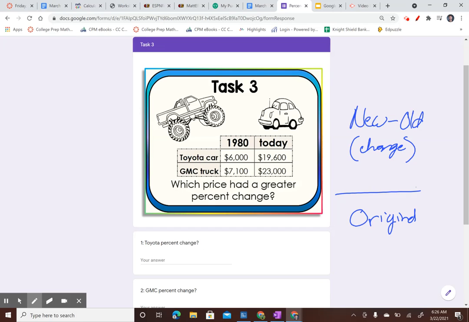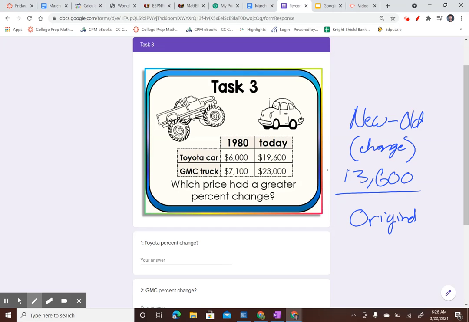So a Toyota car cost $19,600 today. It cost about $6,000 back then. So when we do 19,600 minus 6,000, that's going to give us 13,600. So I'm going to go ahead and put that in for my change, 13,600.